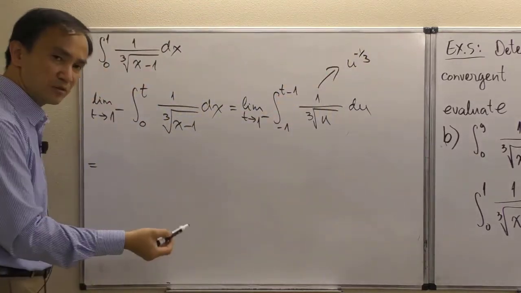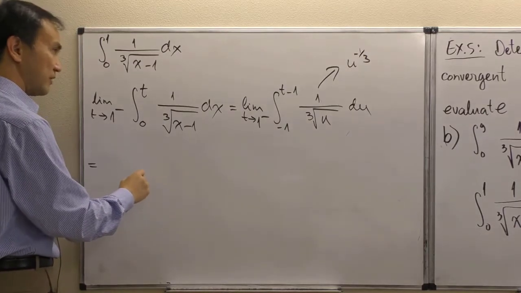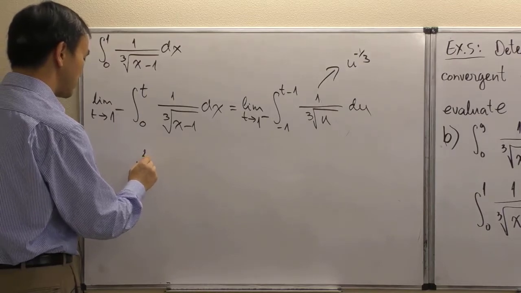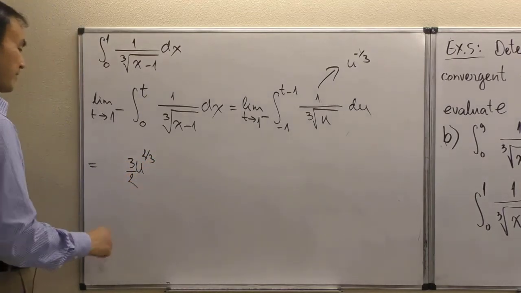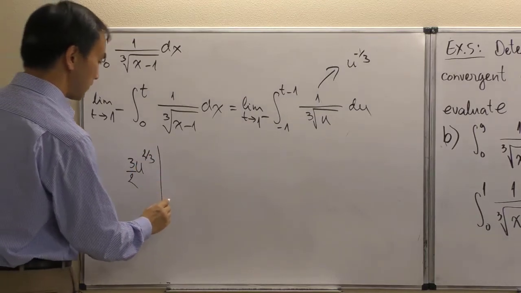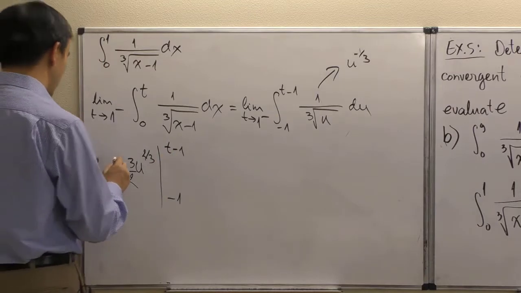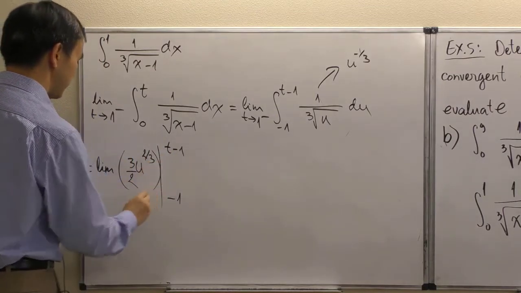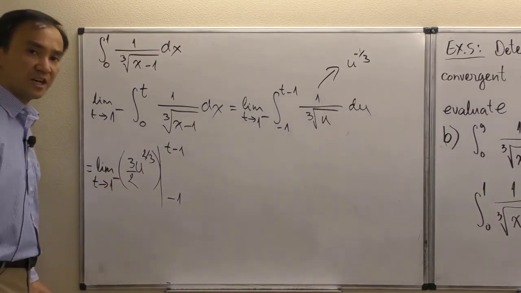The fundamental theorem of calculus tells us to take the antiderivative of u to the negative 1/3, which gives u to the positive 2/3 power, multiplied by the fraction 3/2 in front. I'm going to evaluate this from negative 1 to t minus 1, and then take the limit as t approaches 1 from the left-hand side.